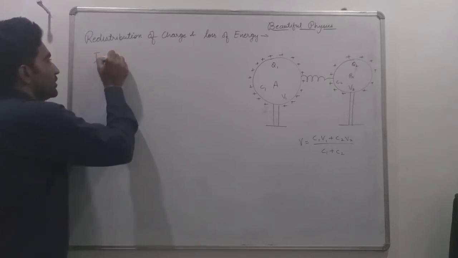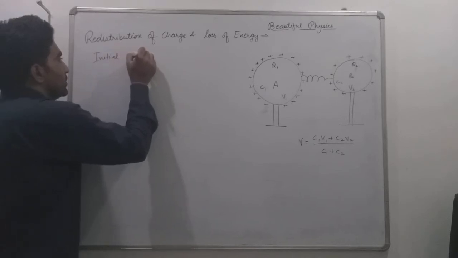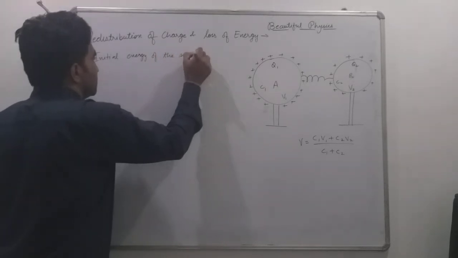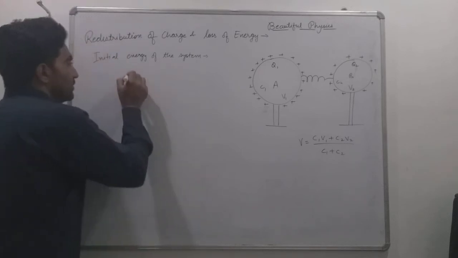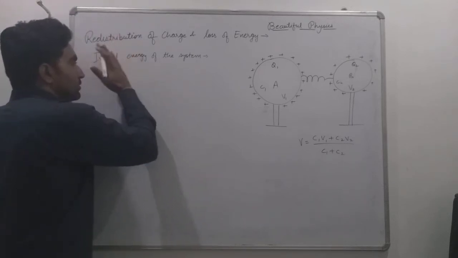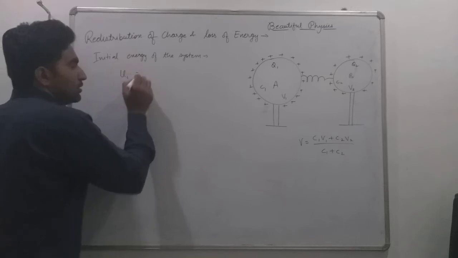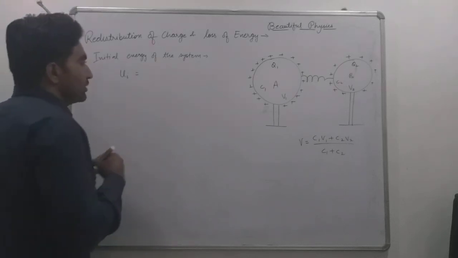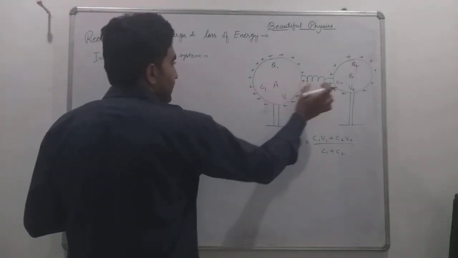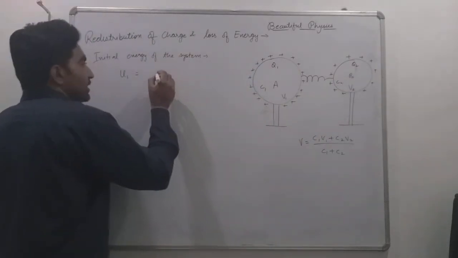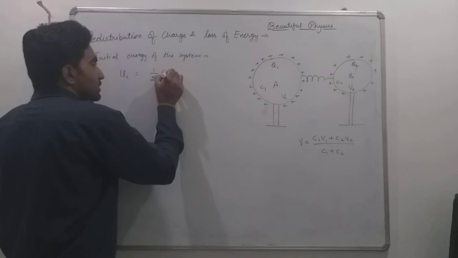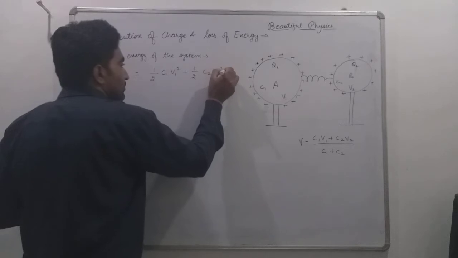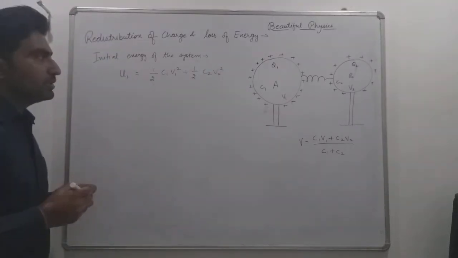Initial energy of the system, I am writing initial energy by Ui, will be equal to energy of conductor A and energy of conductor B, and it will be equal to half of c1 v1 square plus half of c2 v2 square.